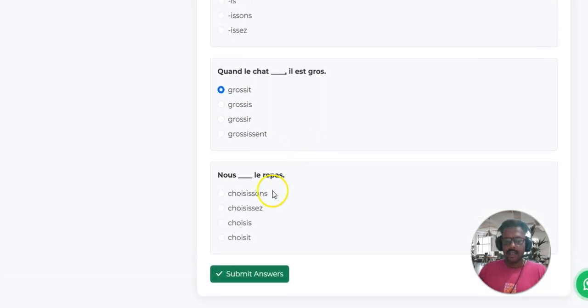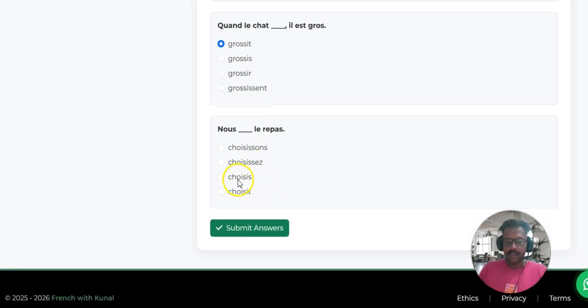Now we have the verb that is choisir. With nous, it should be choisissons. Ssons, you see, choisissons. Nous choisissons le repas. We choose the meal. Let's check.